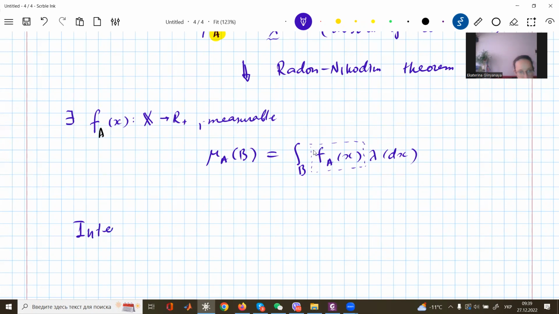So interpret that this is a probability of some subset and it depends on x.